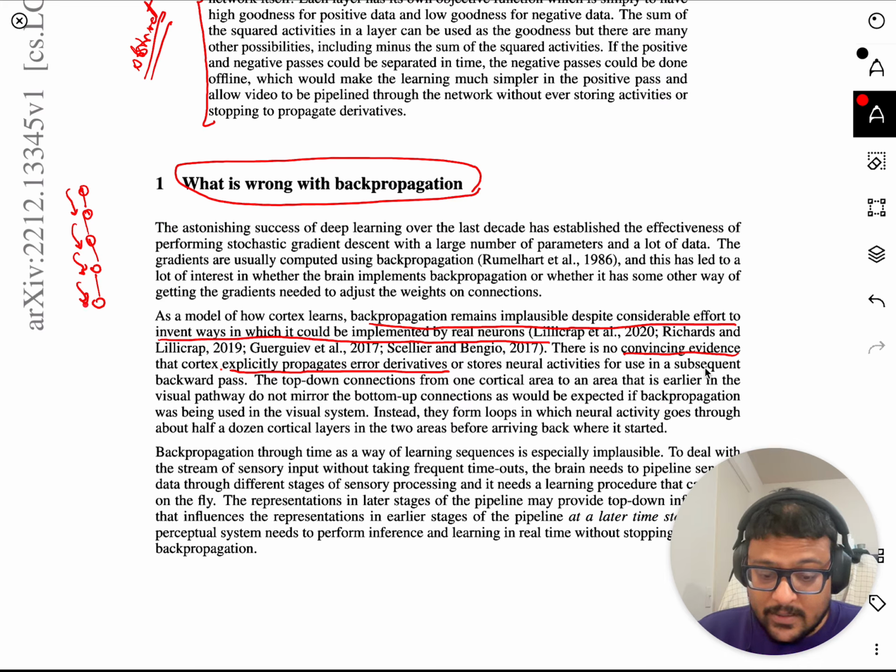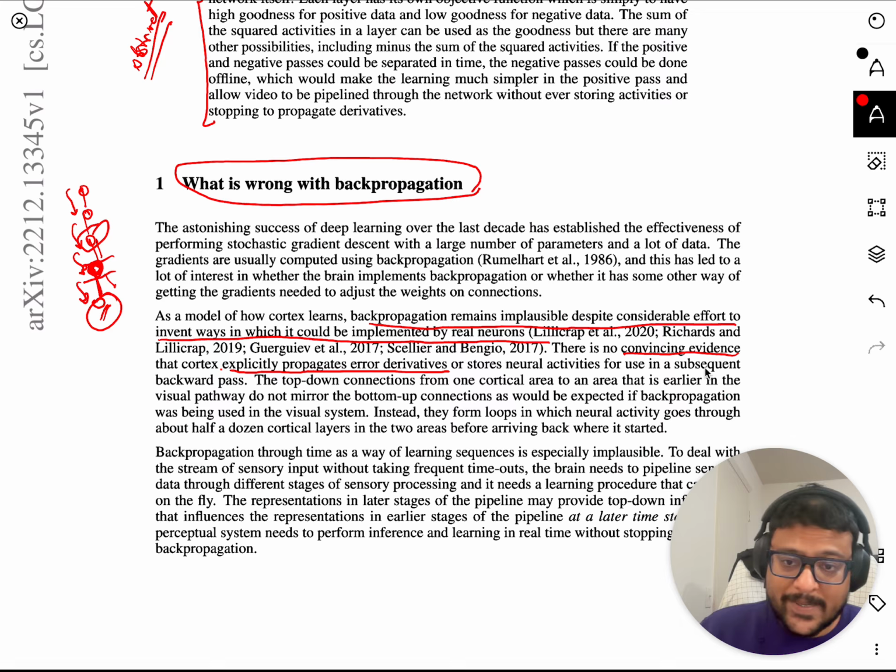Rather, all the connections are local. For example, this neuron is only connected to this neuron, and this neuron is only connected to this neuron and this neuron, so a neuron can only exchange messages with neighboring neurons. That is a property of the brain, and that is what backpropagation is not respecting.